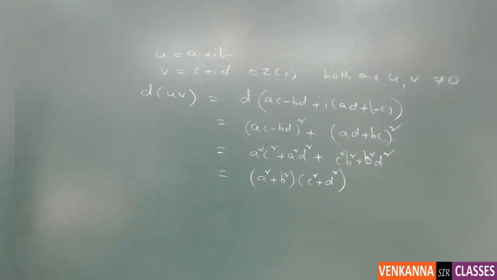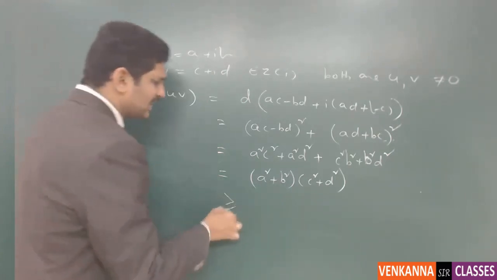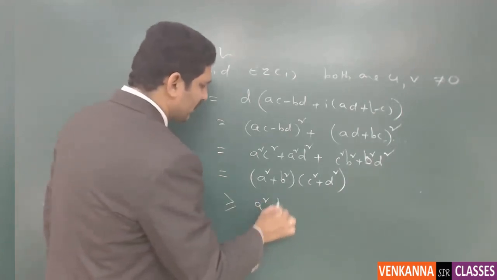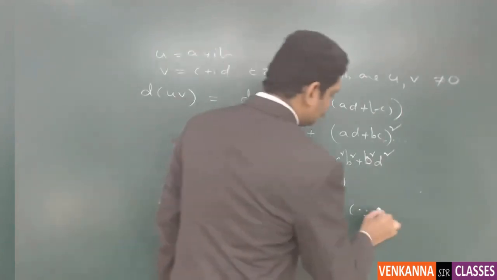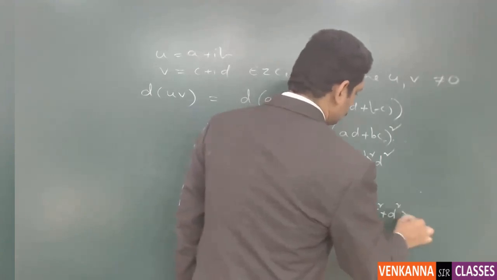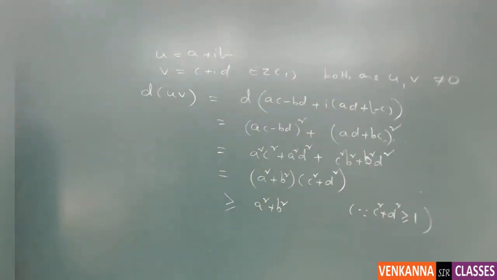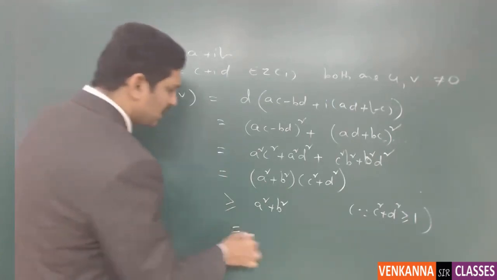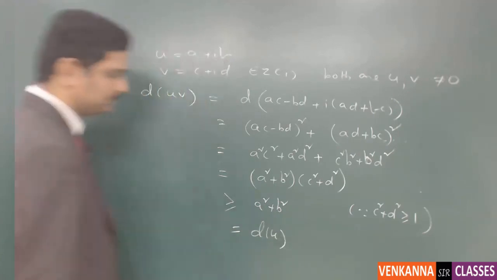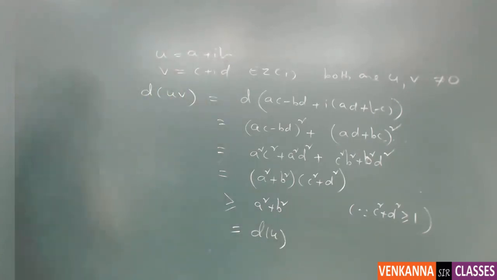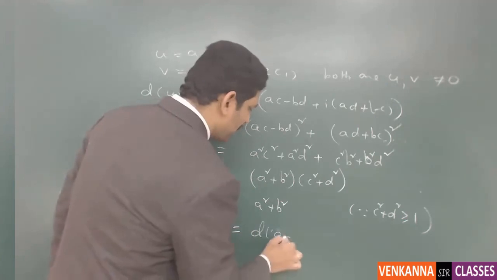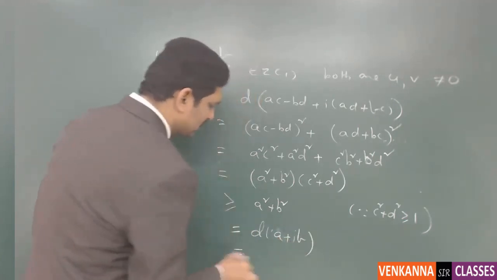Now what happens? It is always greater than or equal to a squared plus b squared, because for every value, the value is greater than or equal to 1. So this is nothing but d of u, because it is d of a + ib.